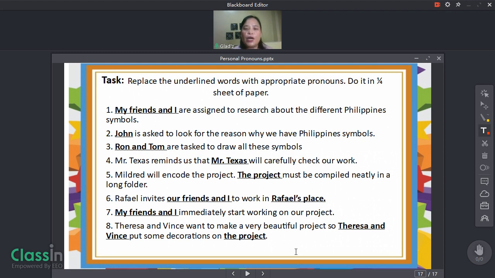So after answering your quiz, for your assignment, I want you to make a study about the intensive and reflexive pronoun. Read about intensive and reflexive pronouns, and then write the definitions, or define intensive and reflexive, and then give examples of reflexive and intensive pronouns.